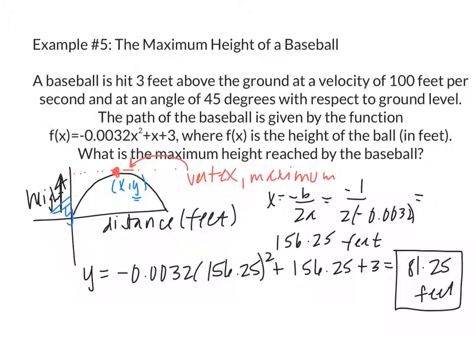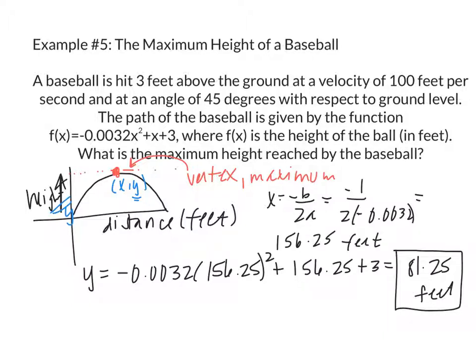Now to do this on your calculator, first of all, your window is going to have to be completely increased by a lot. So I would make our window like negative 100, positive 100. So I'm doing that on my calculator. And then I would type in that function. So negative 0.0032 x squared plus x and then plus 3. So if I graph that, hopefully I should see my maximum. But what I notice is if I change my window to negative 100, positive 100, it doesn't work.